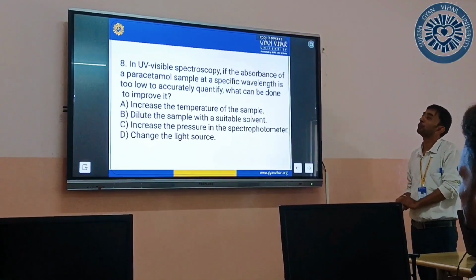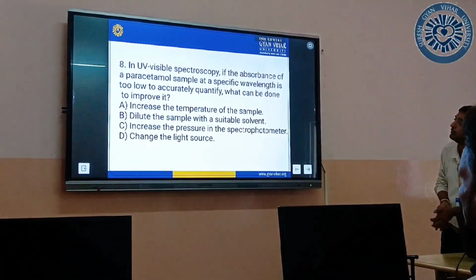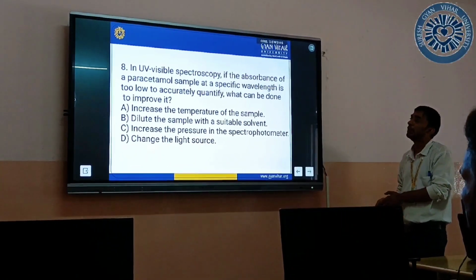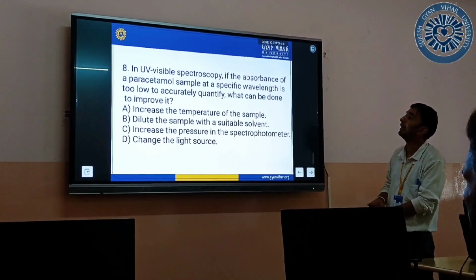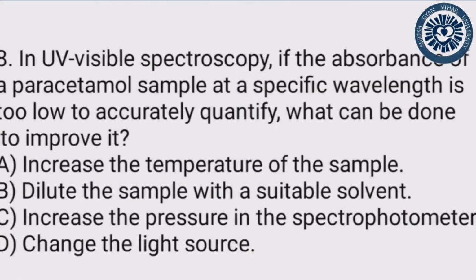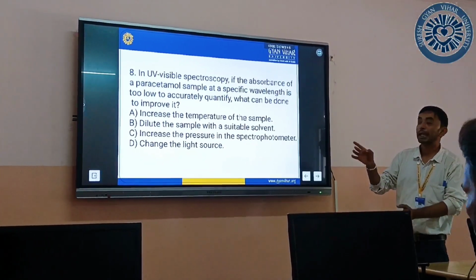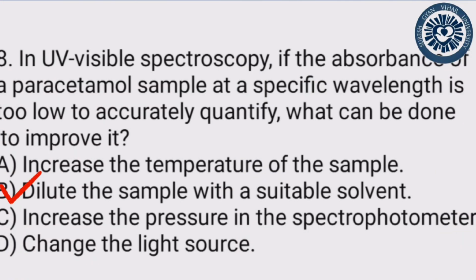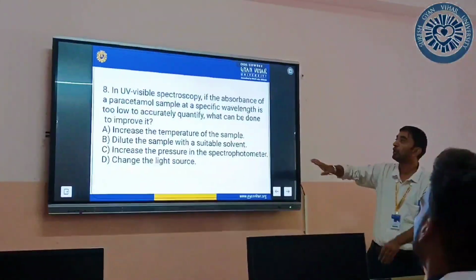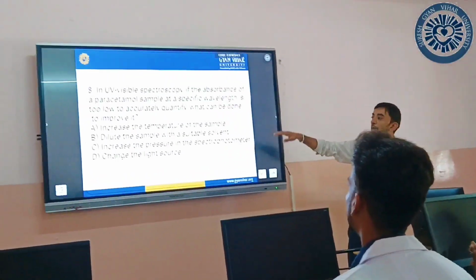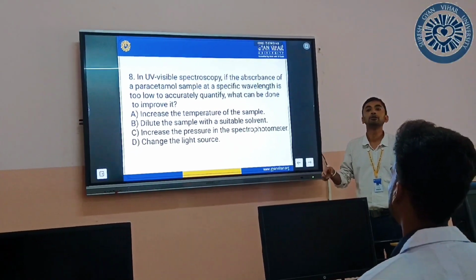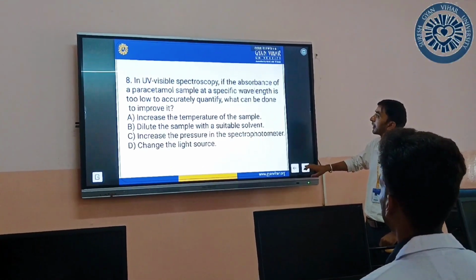In UV visible spectroscopy, the absorbance of paracetamol sample at a specific wavelength is too low for accuracy. What can be done to improve it? Ma'am already told you earlier that Lambert-Beer law says that we need to make a dilute solution. So, if the reading is not coming, we need to dilute the sample with a stable solvent.